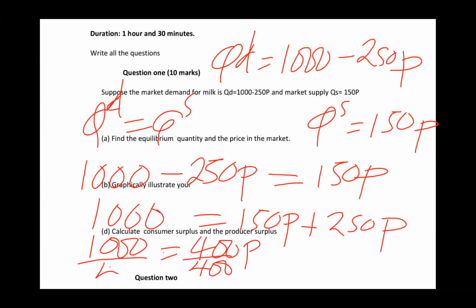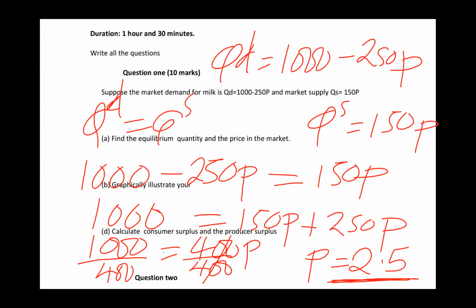Therefore, our P shall be equal to 1,000 divided by 400, which is 2.5. So this is called the equilibrium price. Therefore, the equilibrium price is equal to 2.5. Any question?